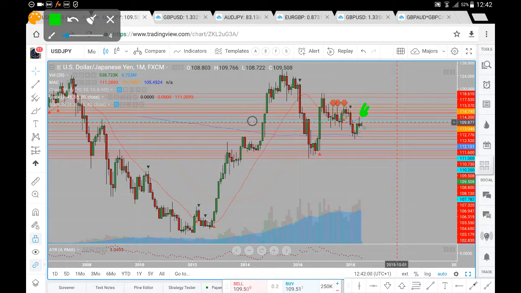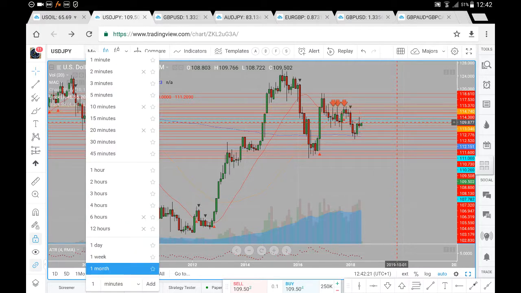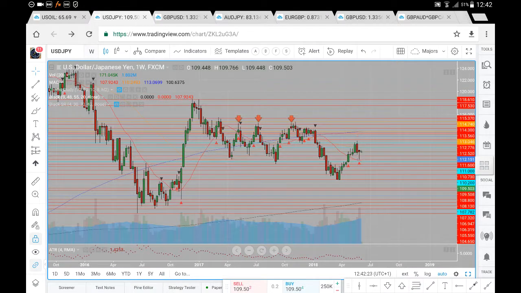Posted a bit of a bearish pin bar, but we are seeing the momentum follow through. So we'll look to see if we can possibly find support above the 108 level, from which we could look for a move up towards that 111, and that's 112.50. We'll be clearer on the time frames lower than the monthly chart.